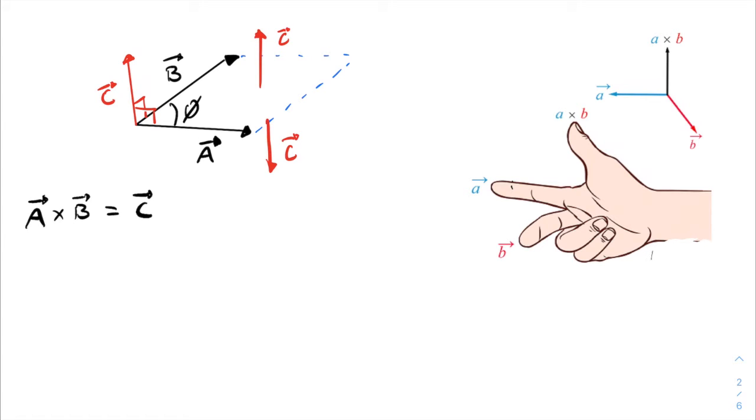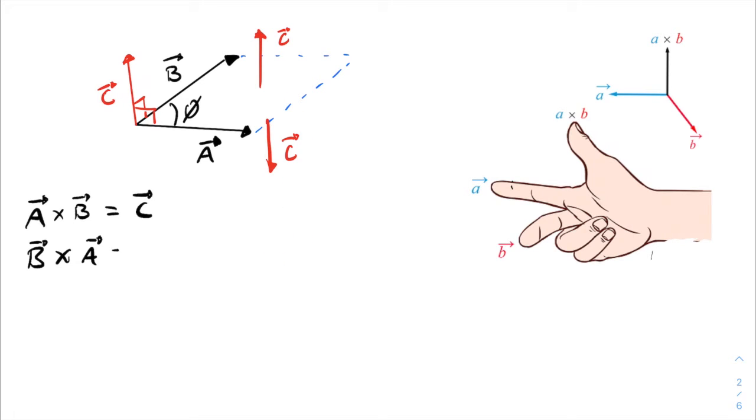But what happens if we take B cross the vector A? Then we should point the index finger in the direction of B and the middle finger in the direction of vector A, and this will result in our thumb pointing in the downward direction.